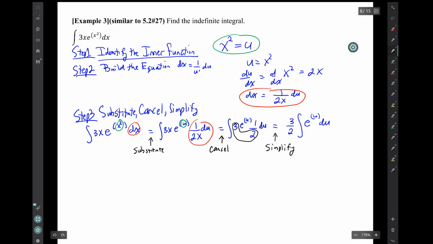We had a 3 in the numerator and a 2 in the denominator. In other words, we have a leftover constant of 3/2. It's a multiplicative constant. So we simplify using the constant multiple rule. And we see that at the end of step 3, we have a basic integral with a constant in front. We're ready for step 4, to integrate.